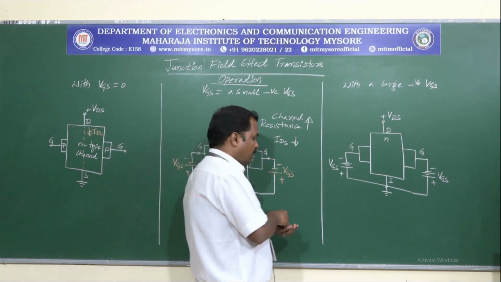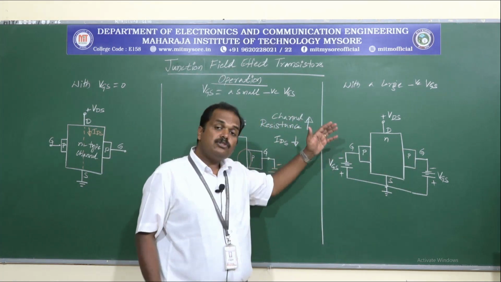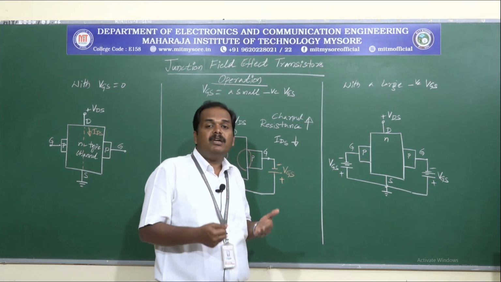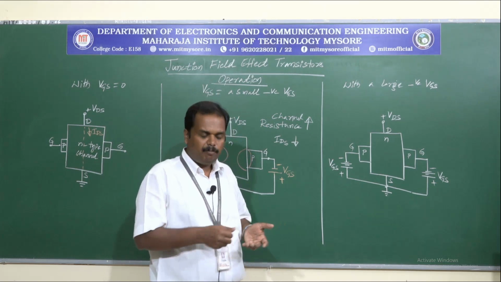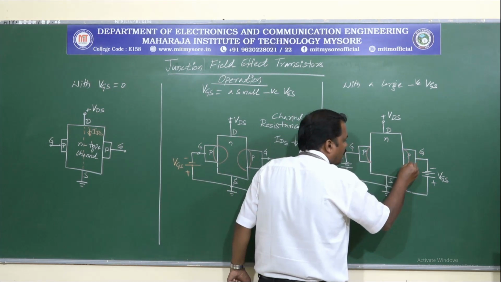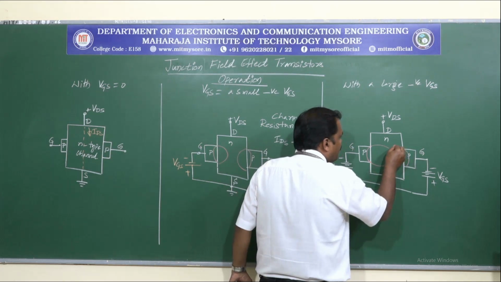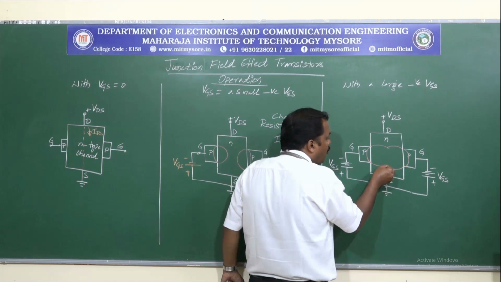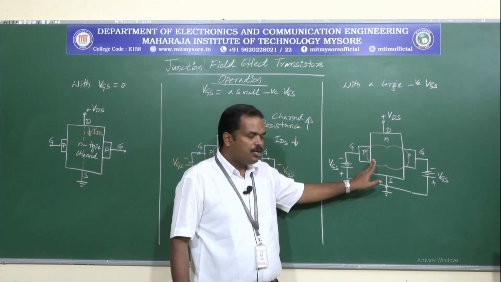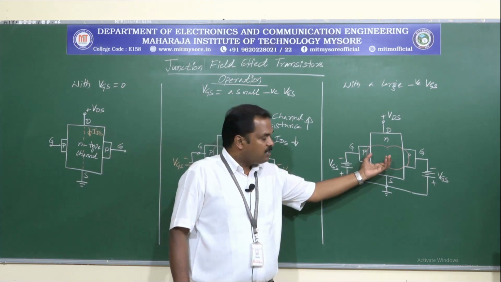Let me write these two as P type. Because the junctions are more reverse biased, we know from the basics of a diode that the depletion region will grow deeper. See what is happening: the depletion region across this junction and the depletion region across this junction will grow much deeper and touch each other.